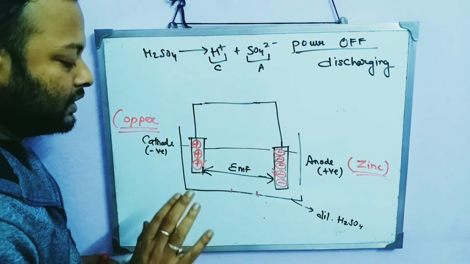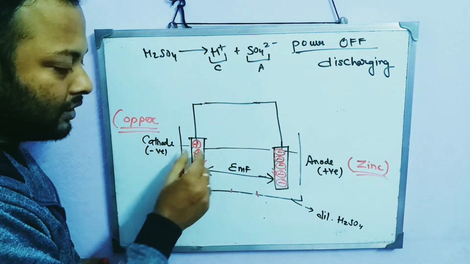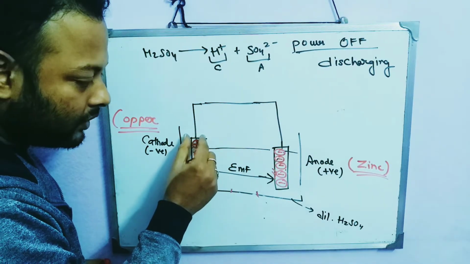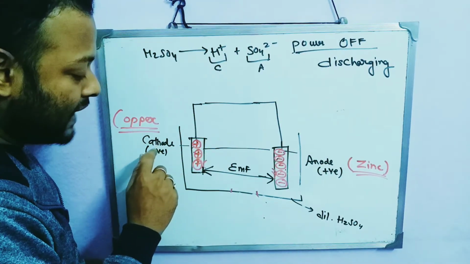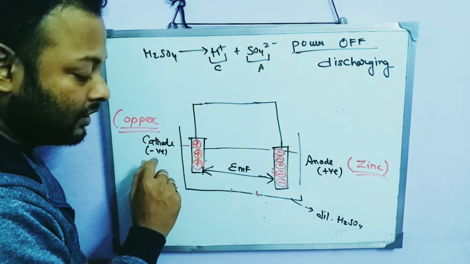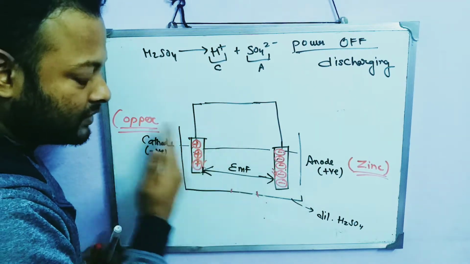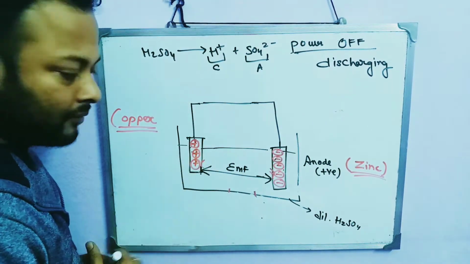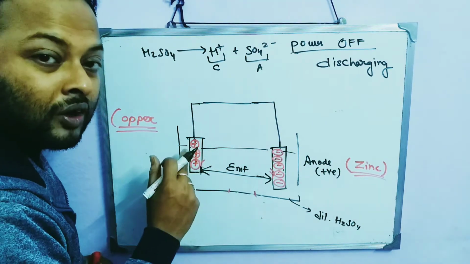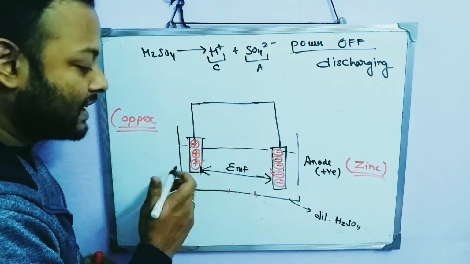Now, if you see the cathode, the copper, this electrode is made up of copper. Initially, it was acting as the negative side when the battery was there. Now, since all the positive charges have accumulated towards the copper, this copper will no longer act as the cathode, but it will act as the anode.